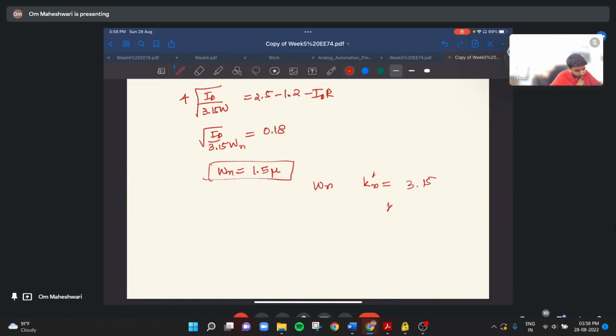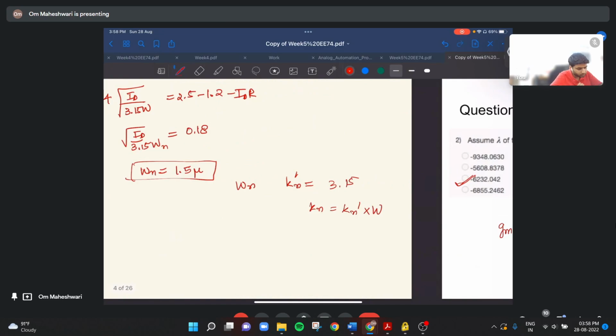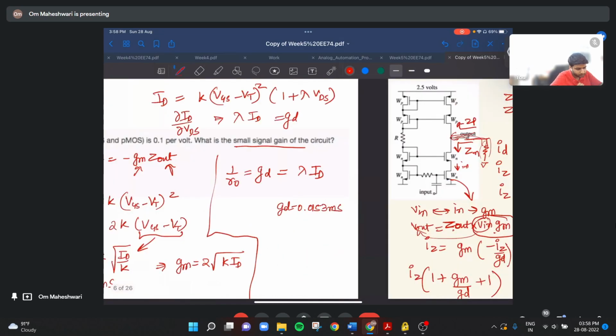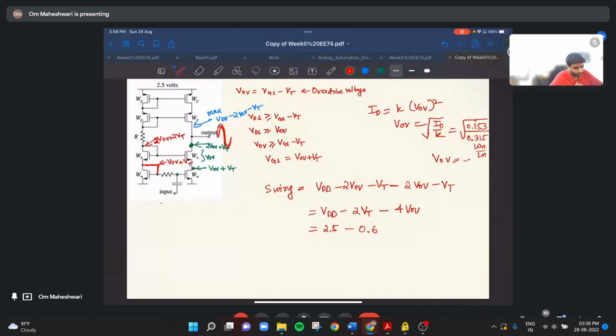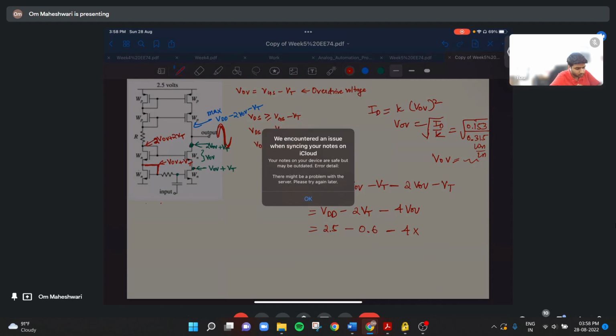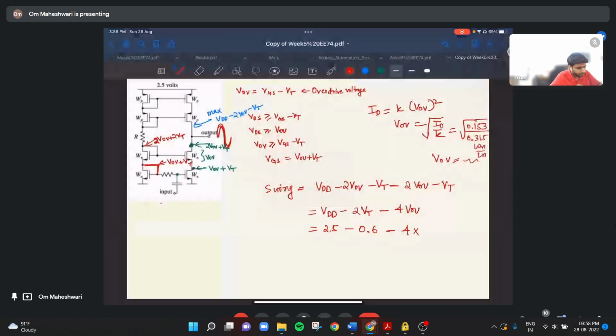So we can find Kn. Kn equals Kn dash into W. So we can find VOV. I don't know the value right now, but you can find it, so it will be 4 times VOV. So you can get the swing.